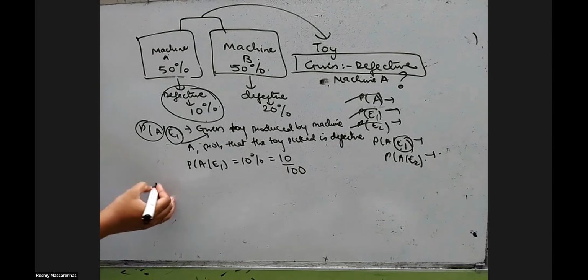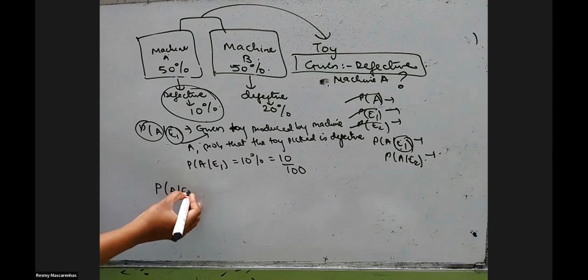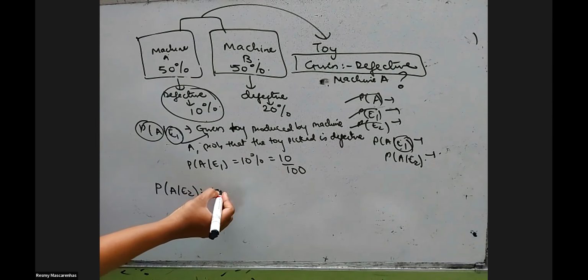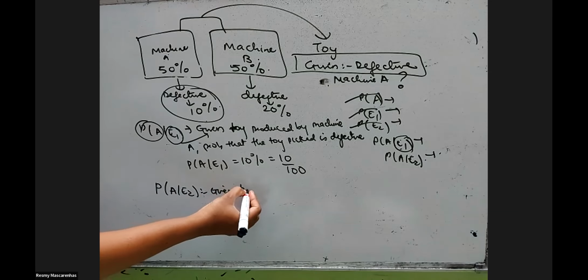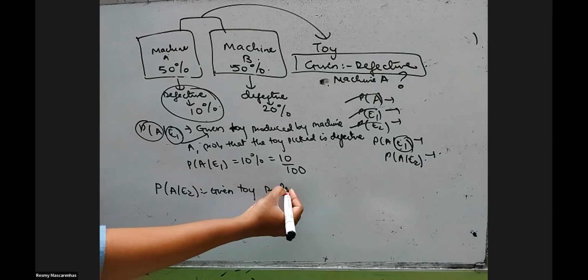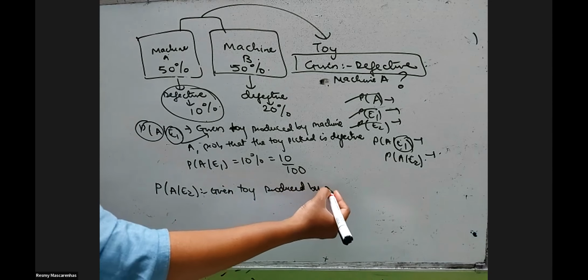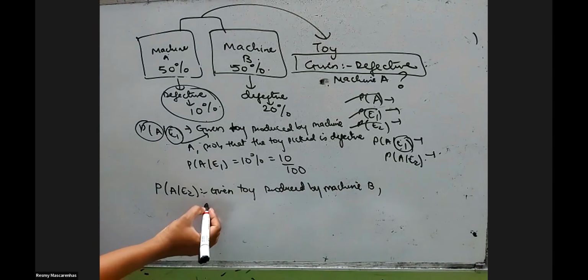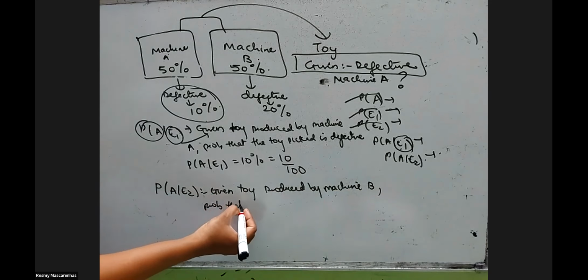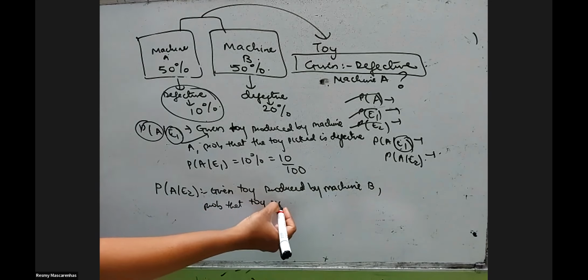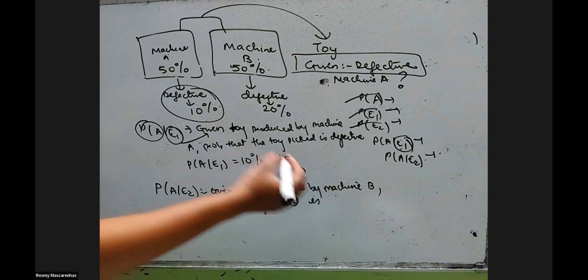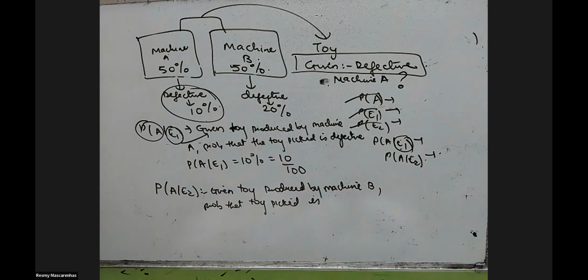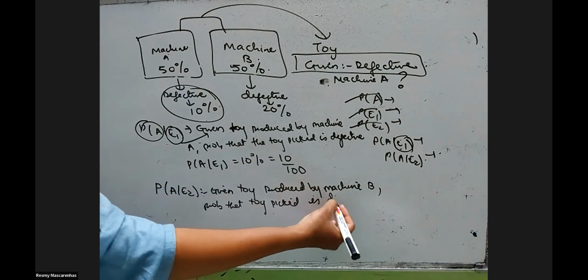Then find P of A upon E2. Given the toy is produced by machine B, probability that the toy picked is defective.